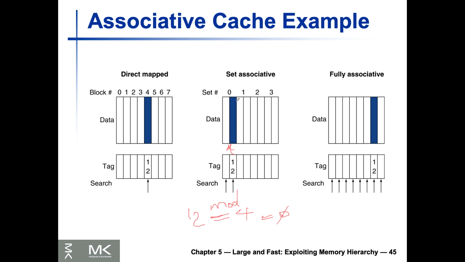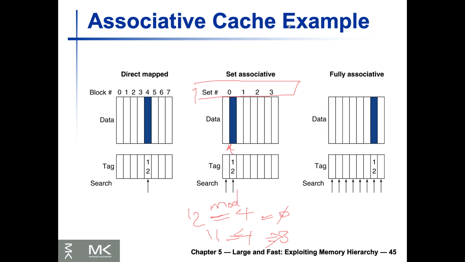If it was 11, it would be placed in set 3, because the remainder is 3. We can define multiple sets depending on the number of sets: 2 sets, 4 sets, 8, 16. That's why we have n-way set associative.